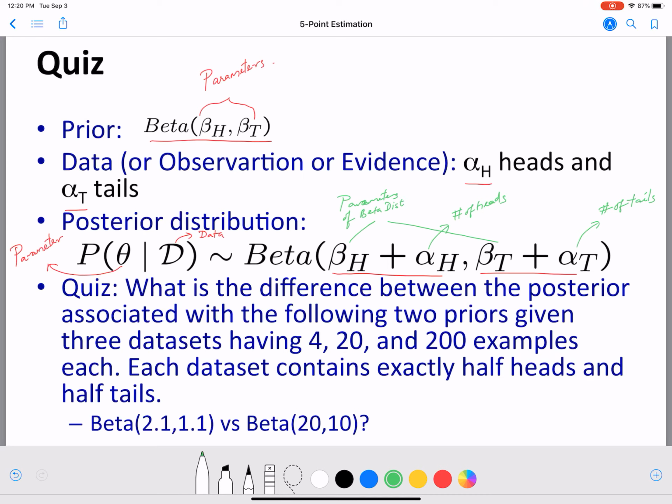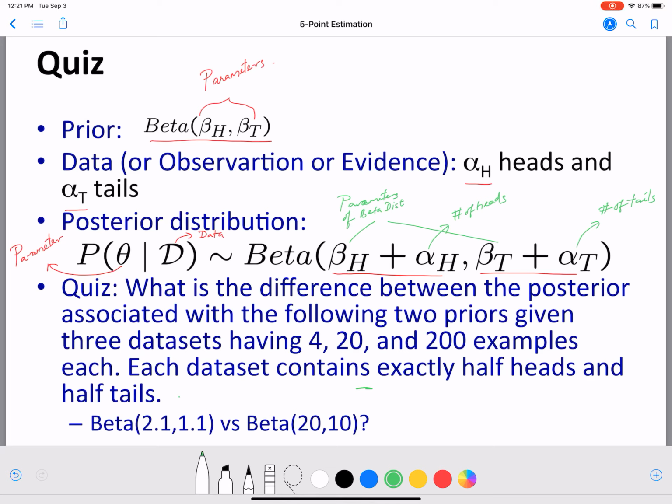So we saw that beta h adds to alpha h to form one parameter value, and beta t adds to alpha t to form another parameter value of the beta distribution, from which we are going to sample the posterior distribution.